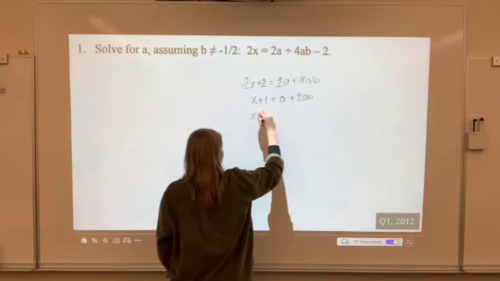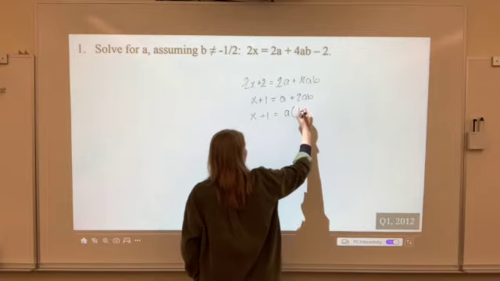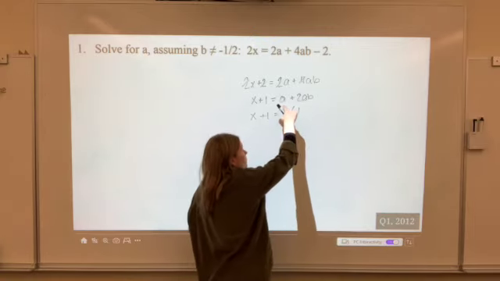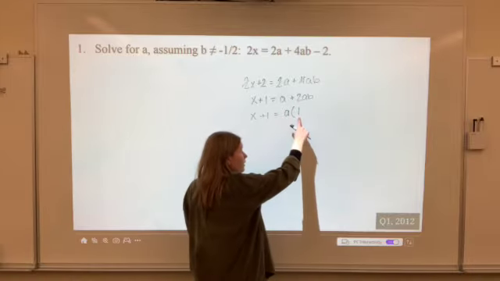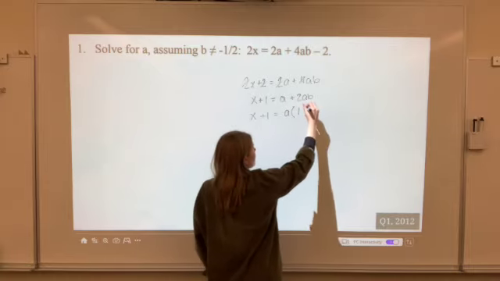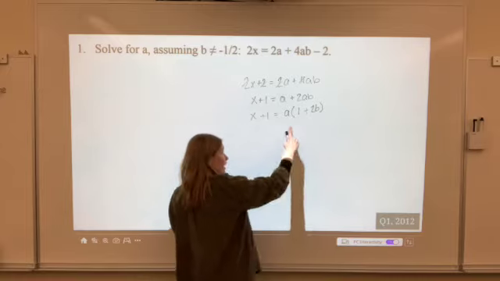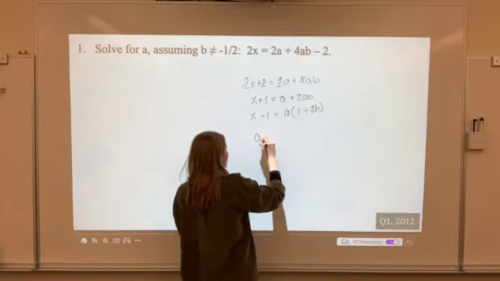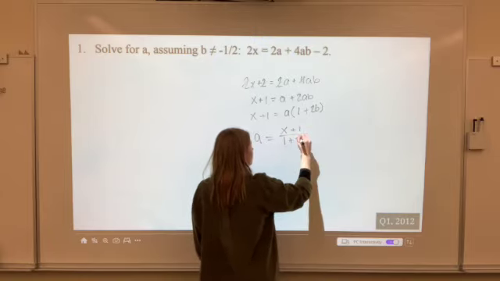So you have x plus 1 is equal to a times 1 plus 2b. And remember, when you divide an a by an a, it doesn't leave you with 0. It leaves you with 1. So don't make the mistake of just putting 2b in the parentheses here. Divide both sides by 1 plus 2b, and you get a is equal to x plus 1 over 1 plus 2b.